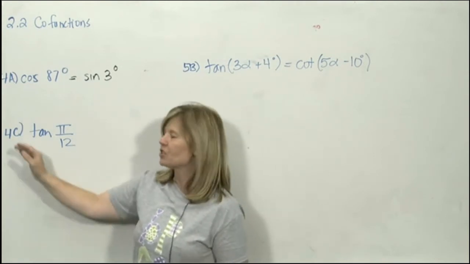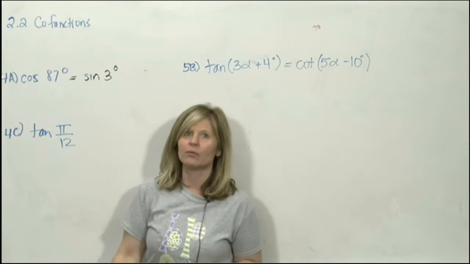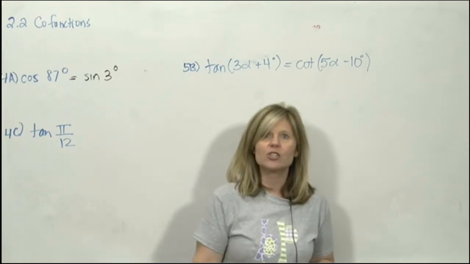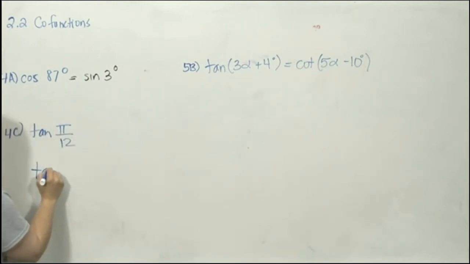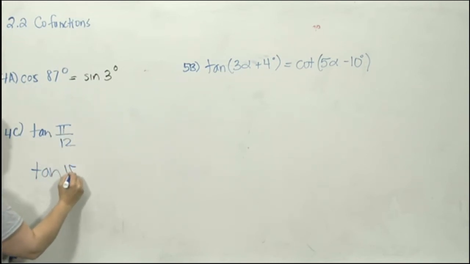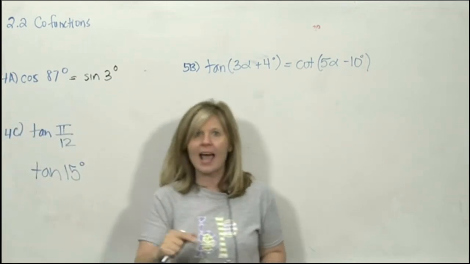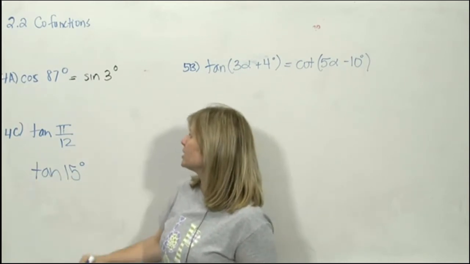Now look at 4c. This is the tangent of pi over 12. What units is that in? Radians. What can you change it into? Degrees. So if we do that, pi stands for how many degrees, y'all? 180. What's 180 divided by 12? 15 degrees, right? If this is tangent and I ask for its cofunction, who is the cofunction with tangent?